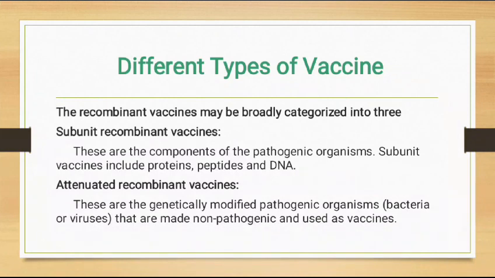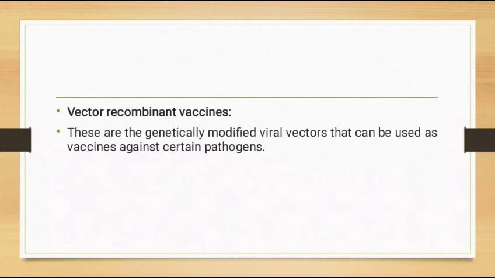Attenuated recombinant vaccines are generally modified pathogenic organisms, that is bacteria or viruses, that are made non-pathogenic and used as vaccines. Next type is vector recombinant vaccines. These are genetically modified viral vectors that can be used as vaccines against certain pathogens.